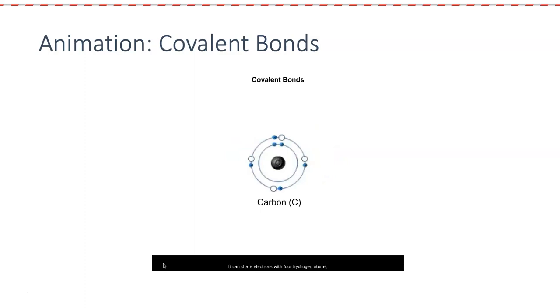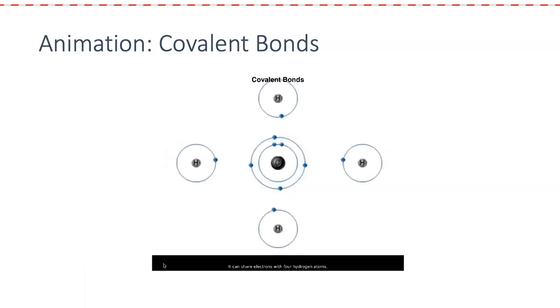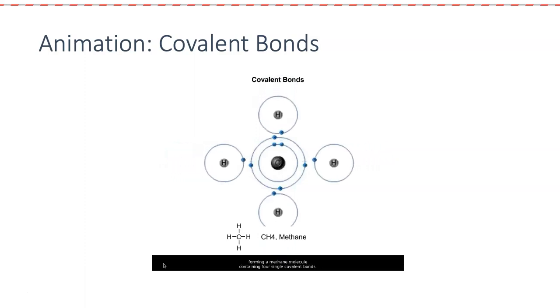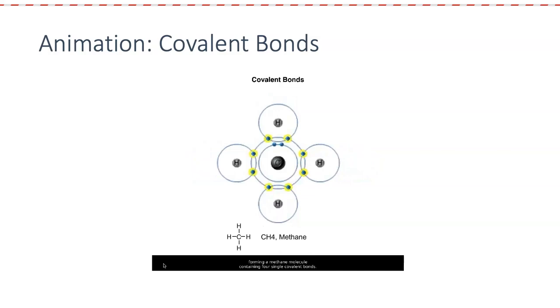It can share electrons with 4 hydrogen atoms, forming a methane molecule containing 4 single covalent bonds. Methane is a compound, a substance formed by the combination of 2 or more elements. We call methane natural gas. It is the fuel burned in gas stoves and furnaces.